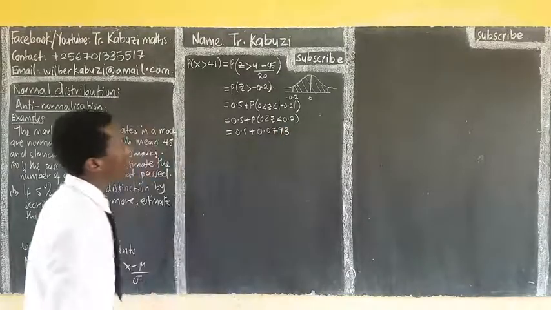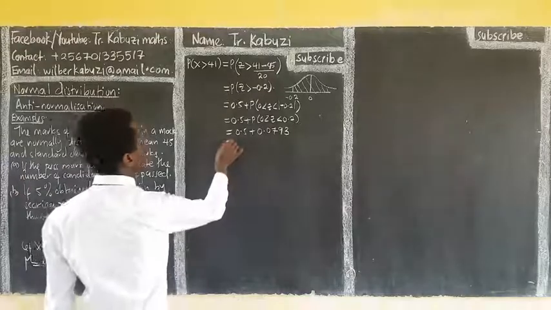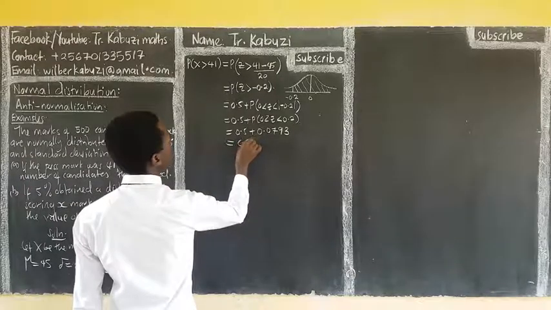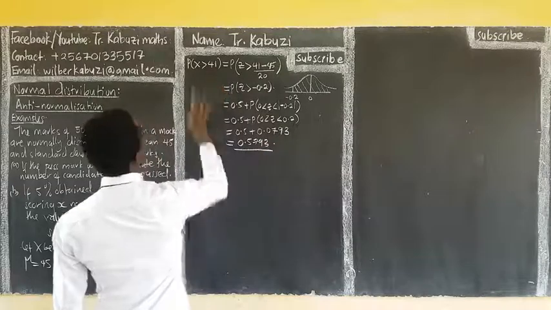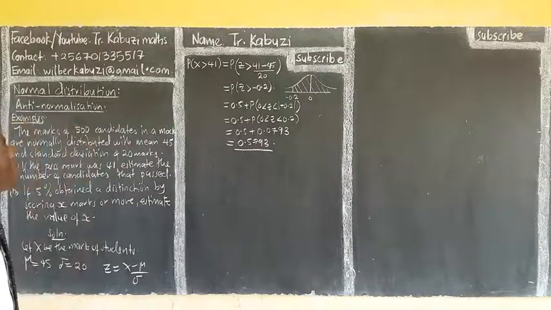We give it 4 decimal places, and when we add, this will be 0.5793. So this is the probability of students that got above 41.